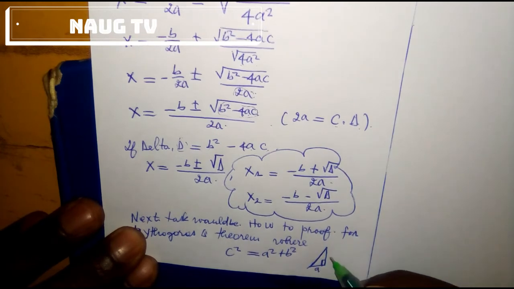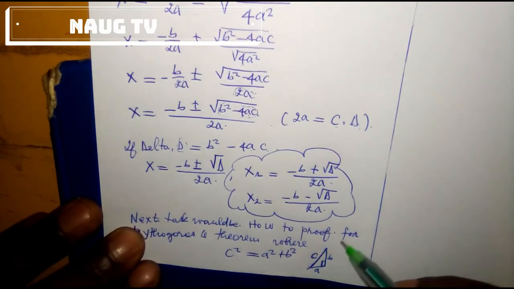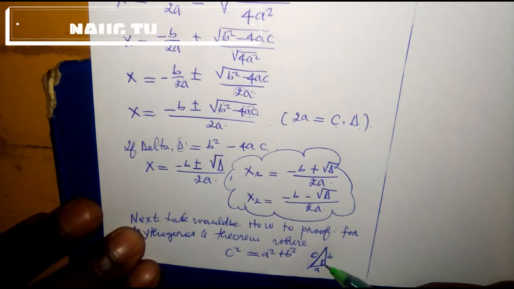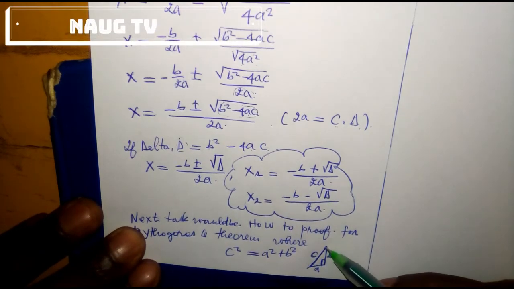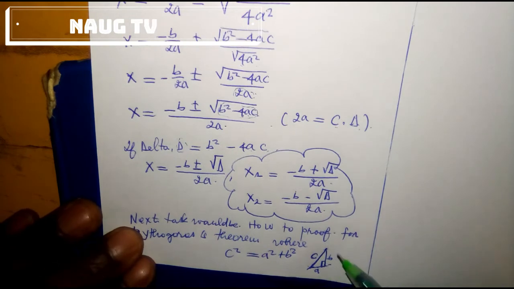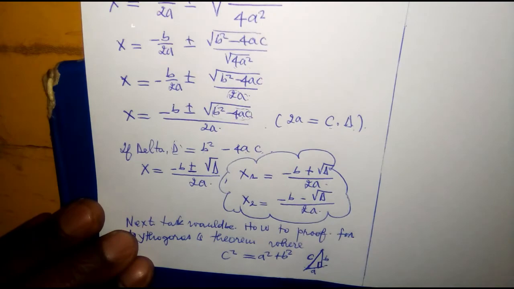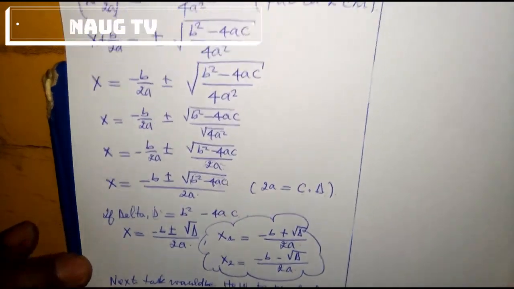This is A, B, C. C represents the longest side, B represents the shorter side, and A represents the shortest side. Okay, I think that would be the most important tool in mathematics.